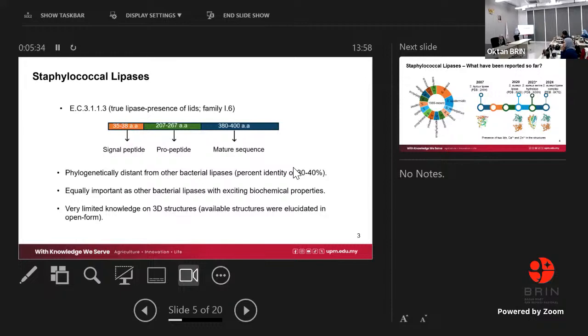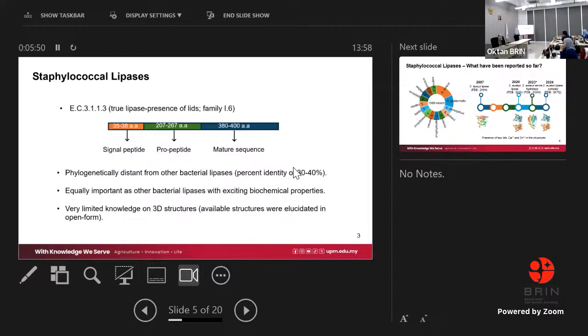Staphylococcal lipases are also phylogenetically distant from other bacterial lipases, sharing only 30 to 40% identity with other bacterial lipases, for example, Pseudomonas lipases and also Bacillus lipases.